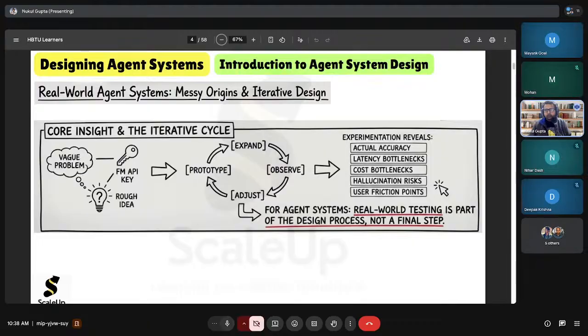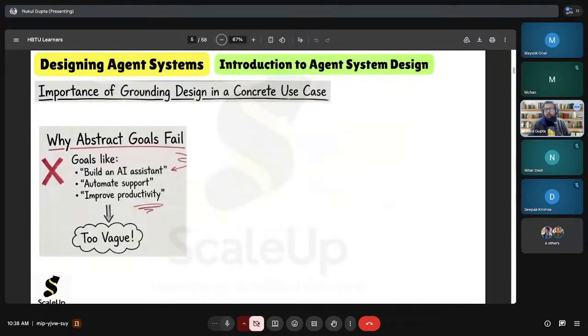Hallucination risk: we will be able to determine where our model is hallucinating, so we can work on that. User friction points: all that we can determine. This is the power of the iterative cycle, and that is what we should follow while designing agentic system applications. Now, one more very important consideration is a concrete use case.